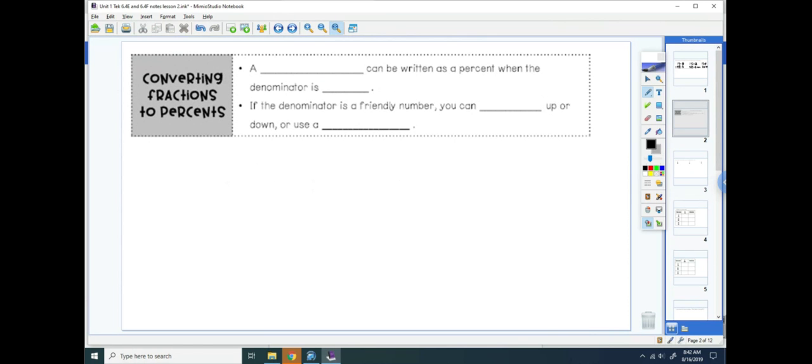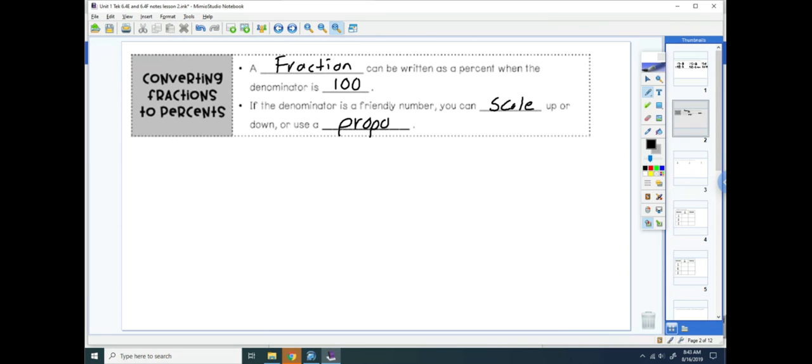Okay, let's do some vocab. A fraction can be written as a percent when the denominator is 100. And we were just discussing with the fraction above, when we had 80 over 100, we already knew it was 80%. If the denominator is a friendly number, you can scale up or down or use a proportion.